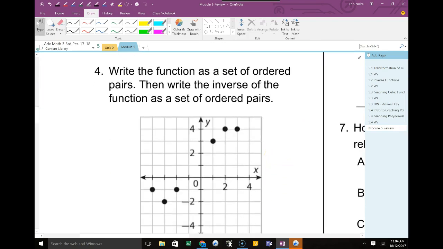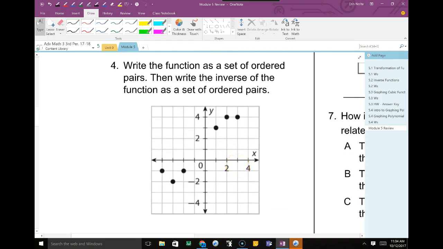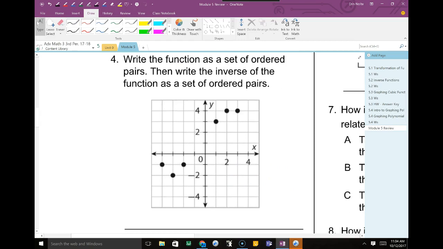All right, write the function, I almost said a bad word. Write the function as a set of ordered pairs, then write the inverse function as a set of ordered pairs. So, what's my function? My function, what are those points? So all we're going to do is basically list the points. Can I do this quickly?